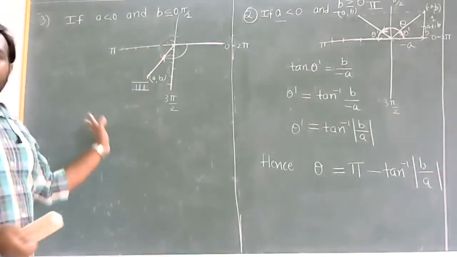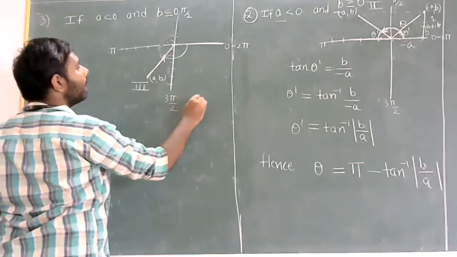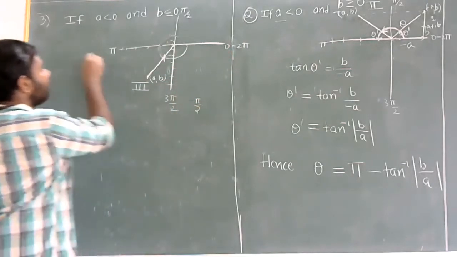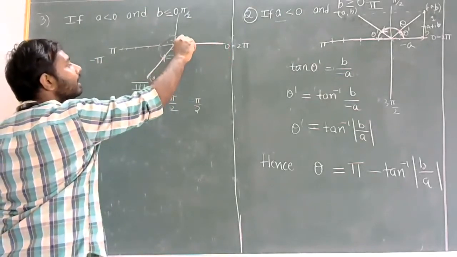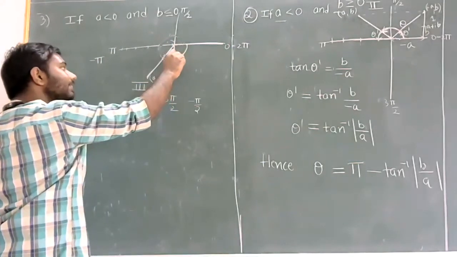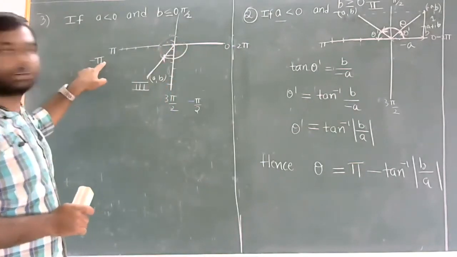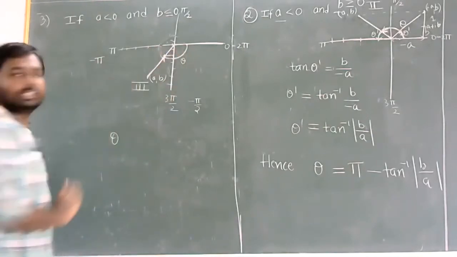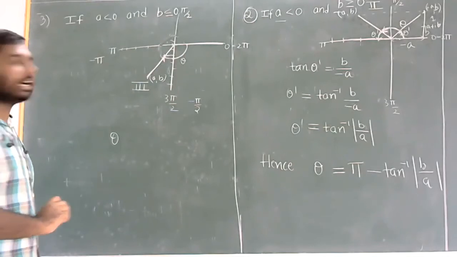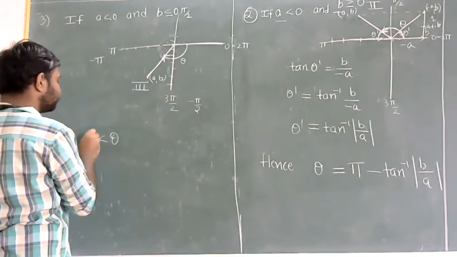So negative: 0, minus pi by 2, minus pi. So this angle is less than 0 and greater than minus pi. This angle, if I name it as theta, it is less than 0.